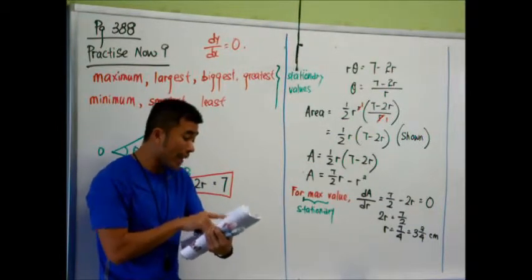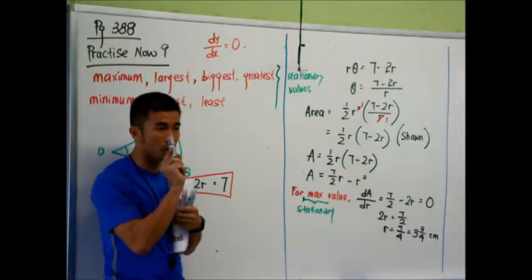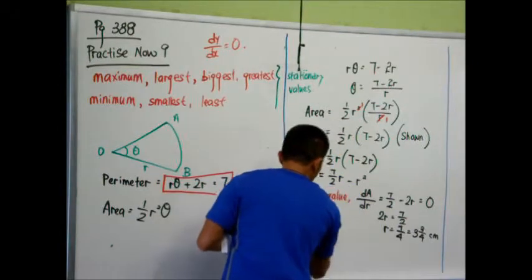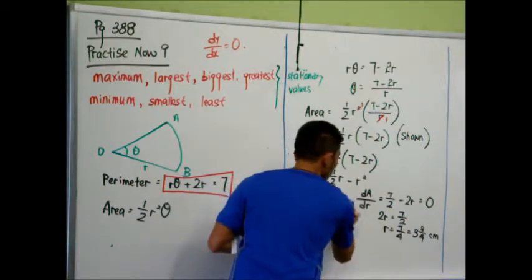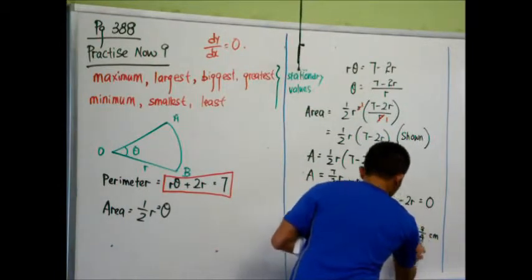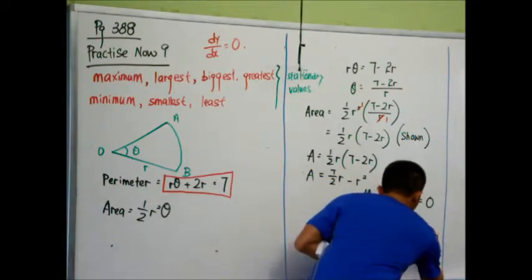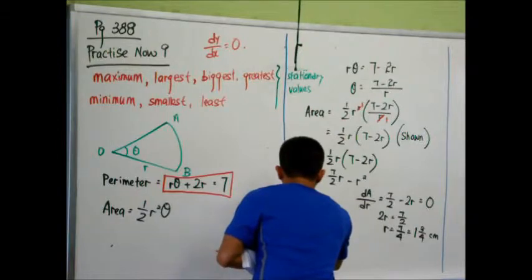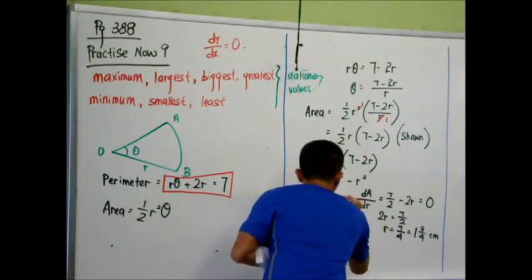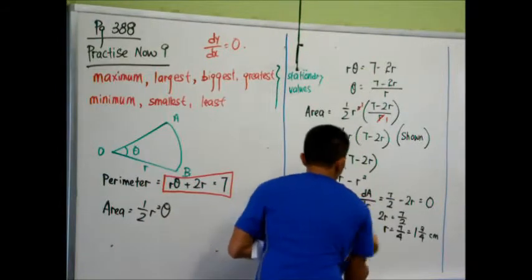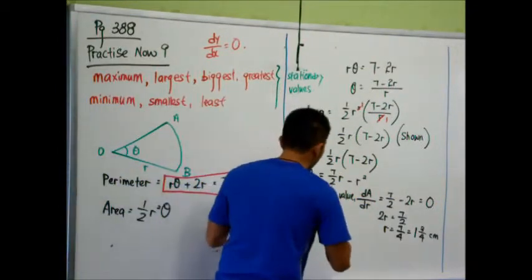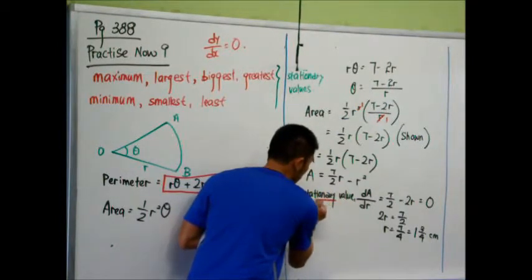But have we proved that it will be a maximum area? No. Okay, remember the first derivative test, I'm going to write out again. The first derivative test will only allow us to find stationary value.